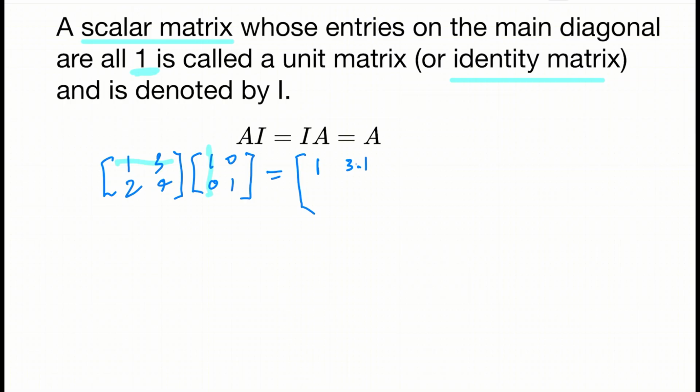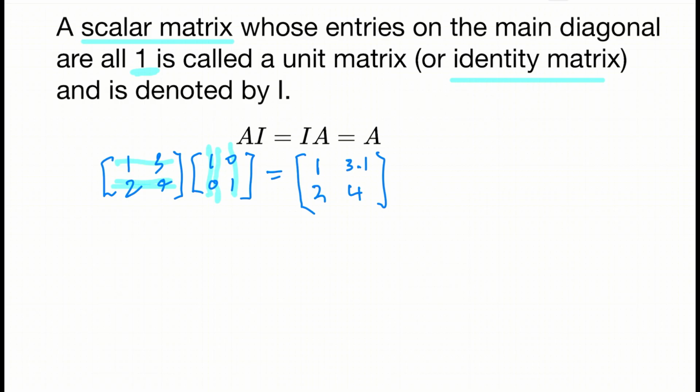Then taking the bottom row times the first column, 2 times 1 is 2, 4 times 0 is 0, so that's going to be a 2. And the final multiplication, the bottom row times this column, is going to be equal to a 4. So that is the result, and it's just [[1, 3], [2, 4]]. That's our matrix, and it just reproduced itself.